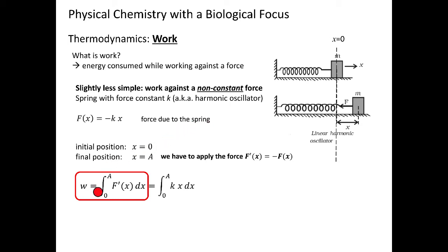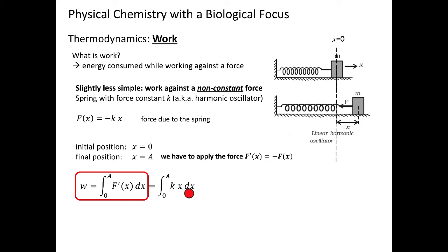This is our standard integral. We have to integrate from the initial position of the particle, 0, to the final position that we just call A. The force that we have to apply is F prime, the opposite of the force exerted by the spring. We plug that in, we get kx dx, and we integrate from 0 to A. So this is pretty simple. Kx is a relatively simple integral.